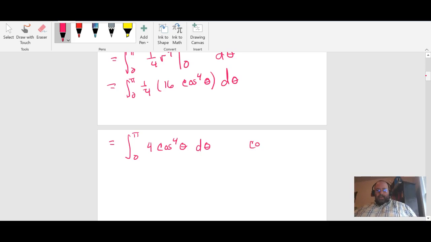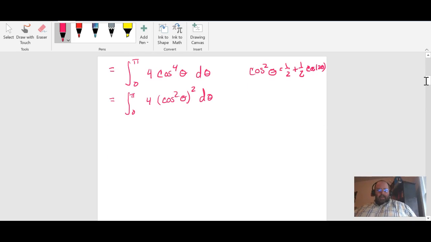And this is where we had introduced the double angle formula, which I wrongly did, but it should be that. So let's think about what's going on here. This is the same as cosine squared theta, squared, d theta, which is going to give me 1/2 plus 1/2 cosine 2 theta, squared, d theta, and then we get the nasty expansion. 0 to pi.